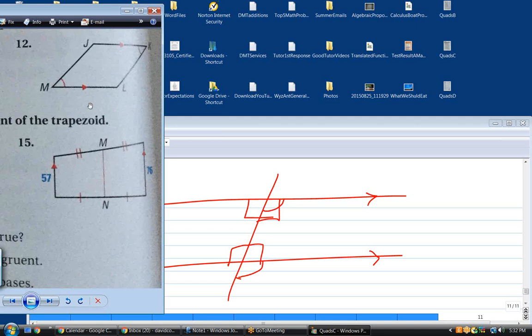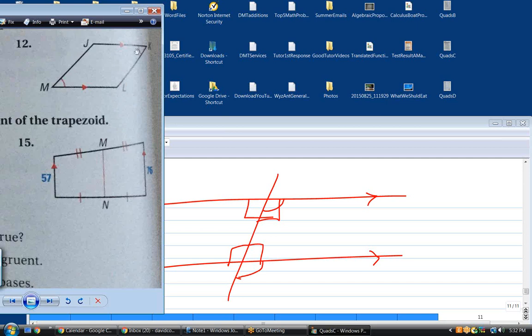This is kind of a strange question. In other words, because this is equal to that, it also makes JM parallel to KL. Notice that if I eliminate that and just consider that a transversal, then that is equal to this angle here, which is equal to that angle.